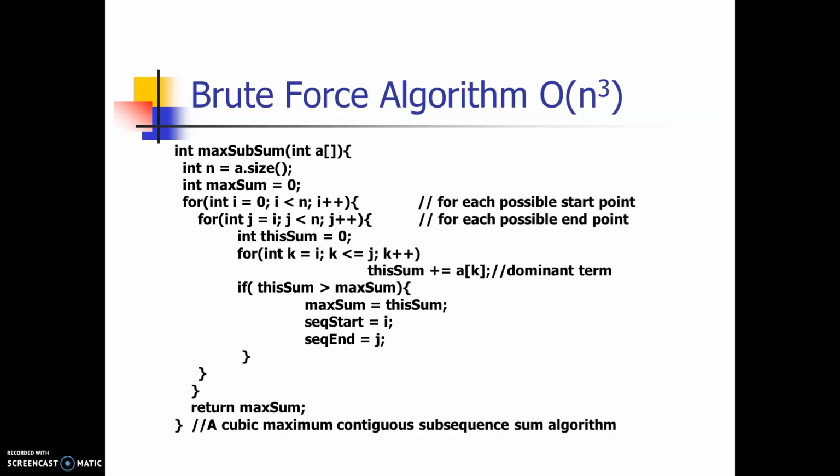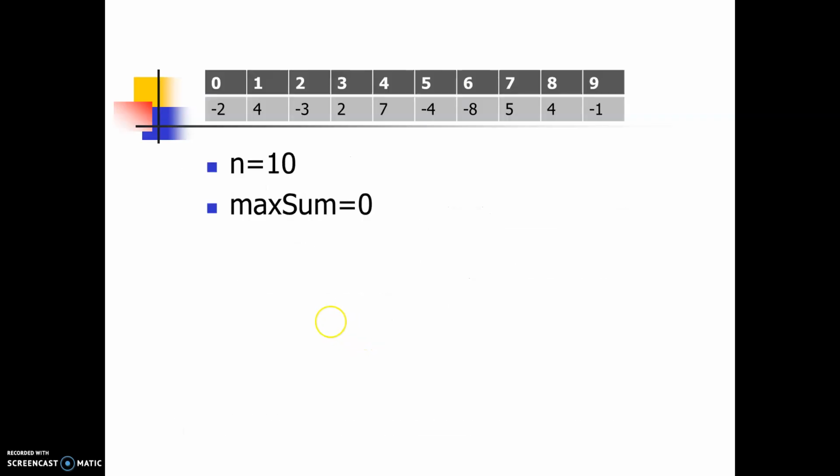So let's take a look at an example and then try to understand it. Starting with n equals 10 elements, these are the 10 elements that we have, and we initiated maximum sum equal to 0. Starting with i equal to 0, j equal to i equal to 0, and then this sum is initiated equal to 0.